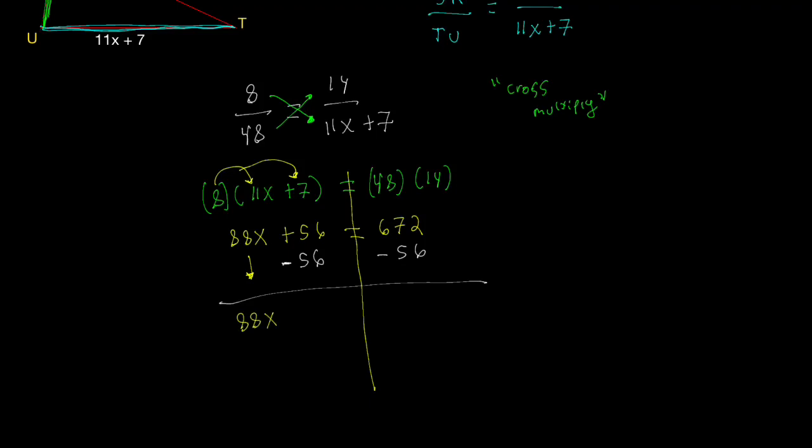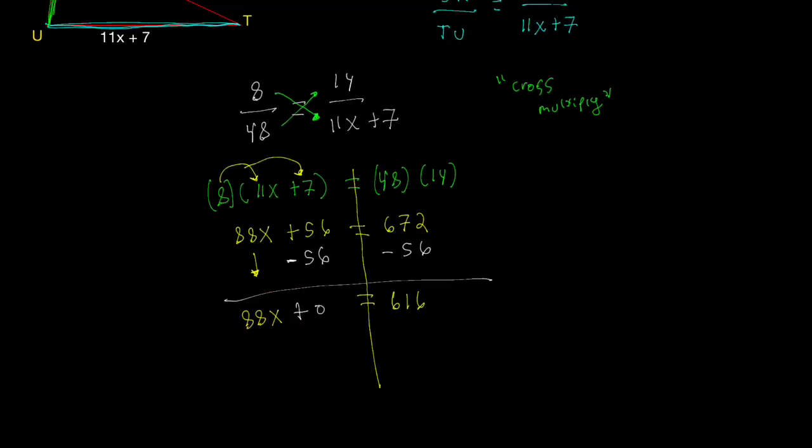So we get 88x, and then positive 56 minus 56, that's just going to give us 0. And 672 minus 56, that's going to give us 616. So on the left hand side, 88x plus 0 is the same thing as 88x, and we still have that 616 on the right.